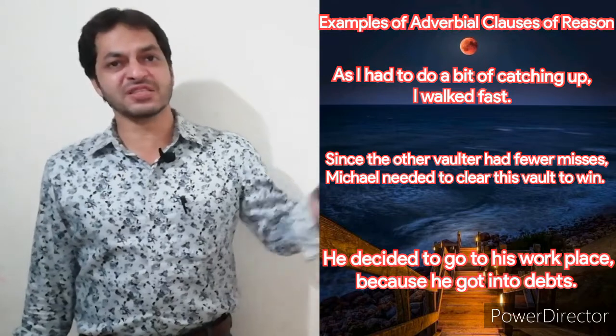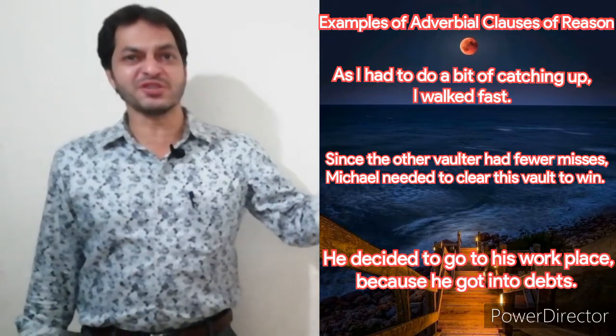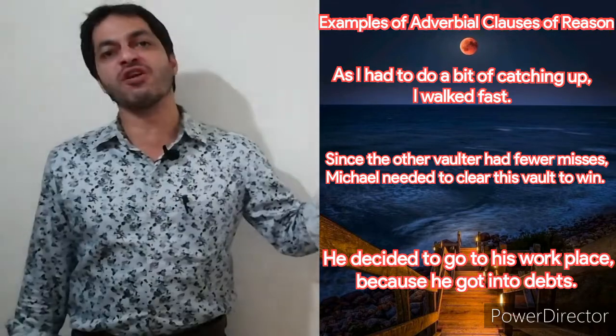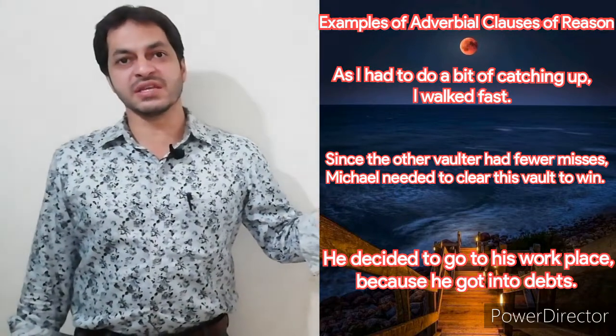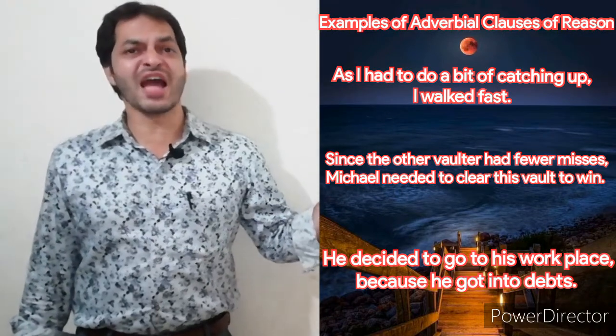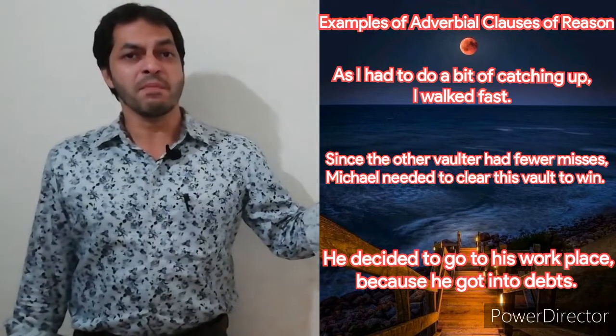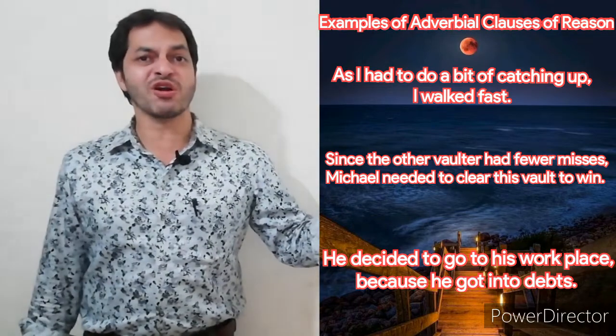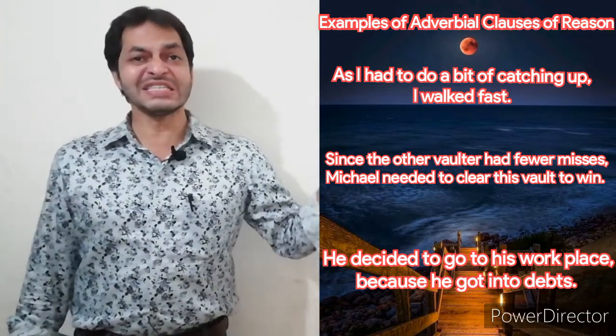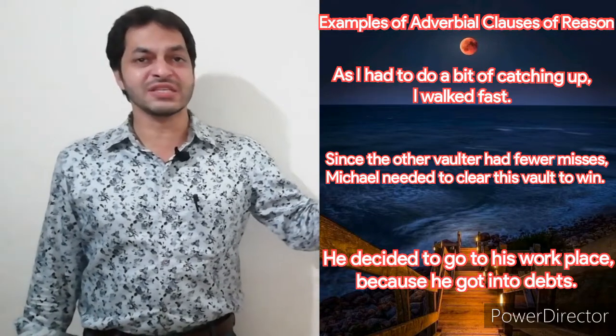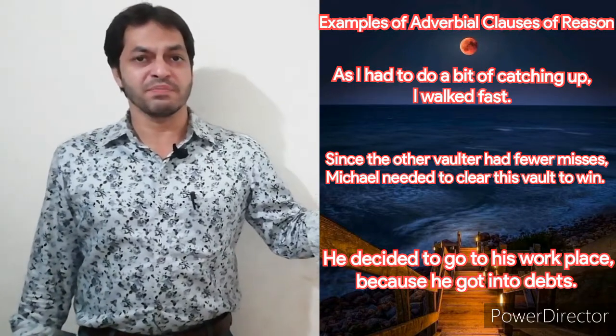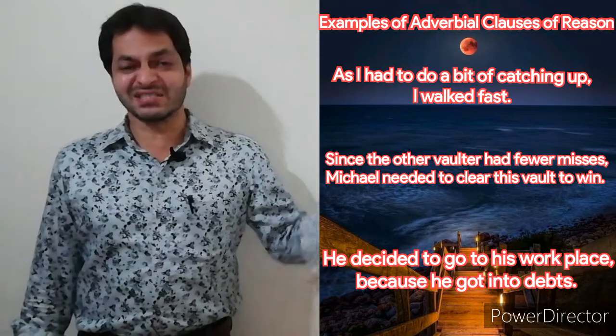For example, first one, as I had to do a bit of catching up, I walked fast. Second one, since the other vaulter had fewer misses, Michael needed to clear this vault to win. He decided to go to his workplace because he got into debts.